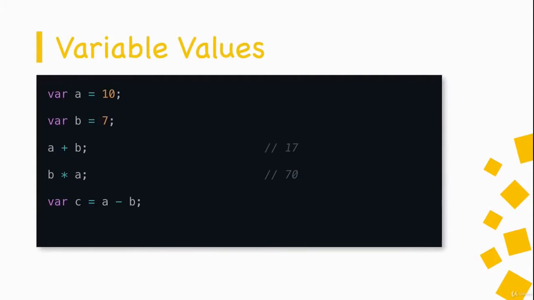So whenever JavaScript executes this statement, it assigns the value 3 to the variable c, because a minus b returns 3. And now, if we type in c in order to access its value, we get the value 3, because c equals a minus b, and a minus b equals 10 minus 7, and 10 minus 7 equals 3. So, c equals 3.